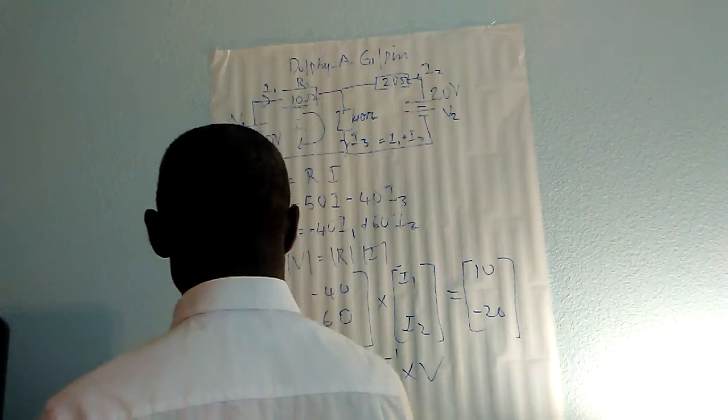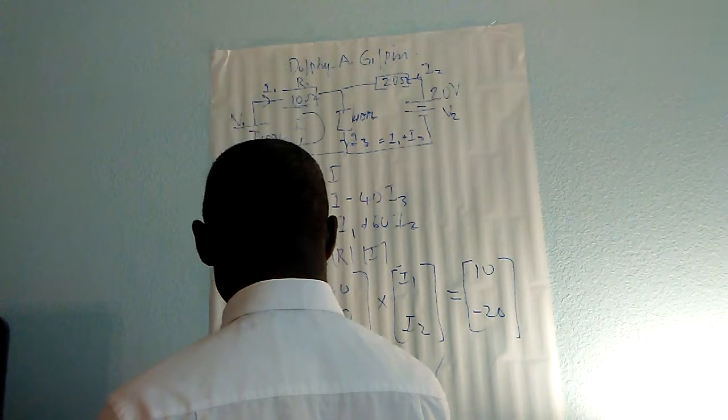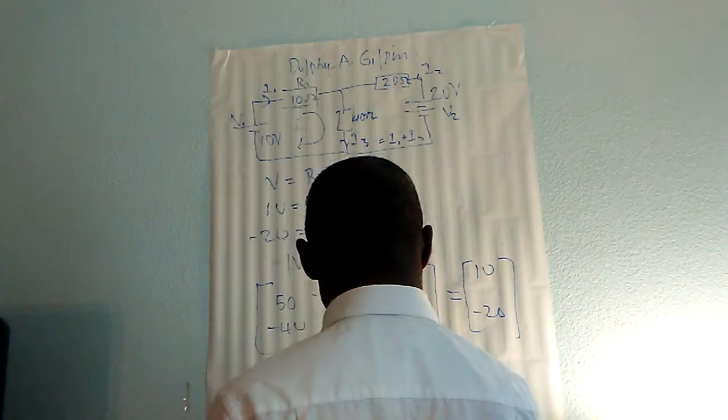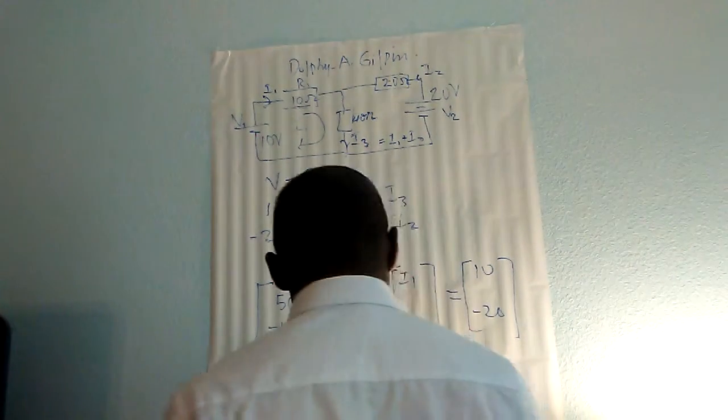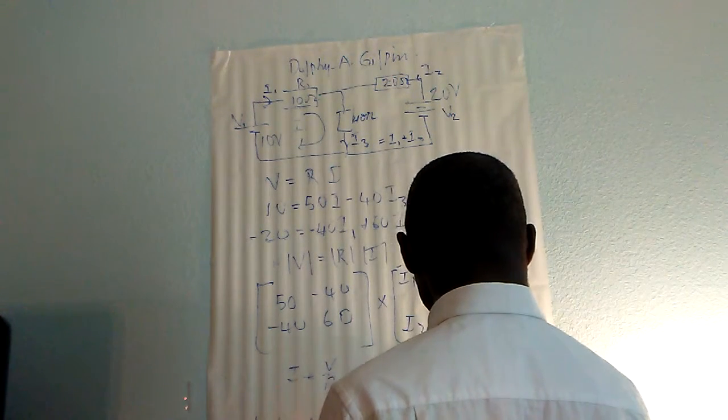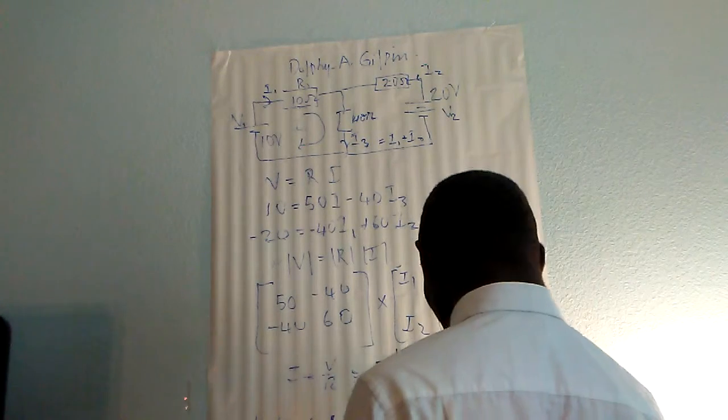And we see now the inverse of R will be equal to 60, 40, 40, 50.